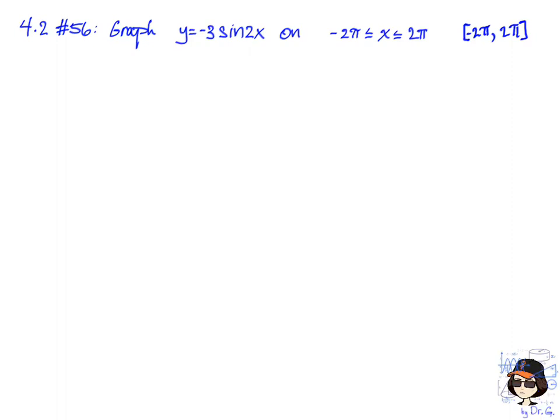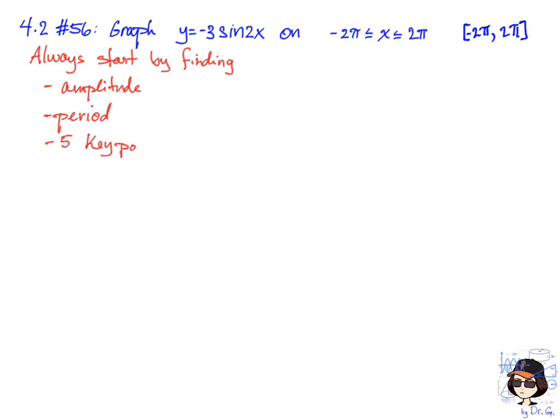Okay? So to figure out one cycle, we need to get the period. And we also need the amplitude. In order to sketch the graph, we need the amplitude. So always, always, always start by finding these things: the amplitude, the period, and the 5 key points for getting one cycle.